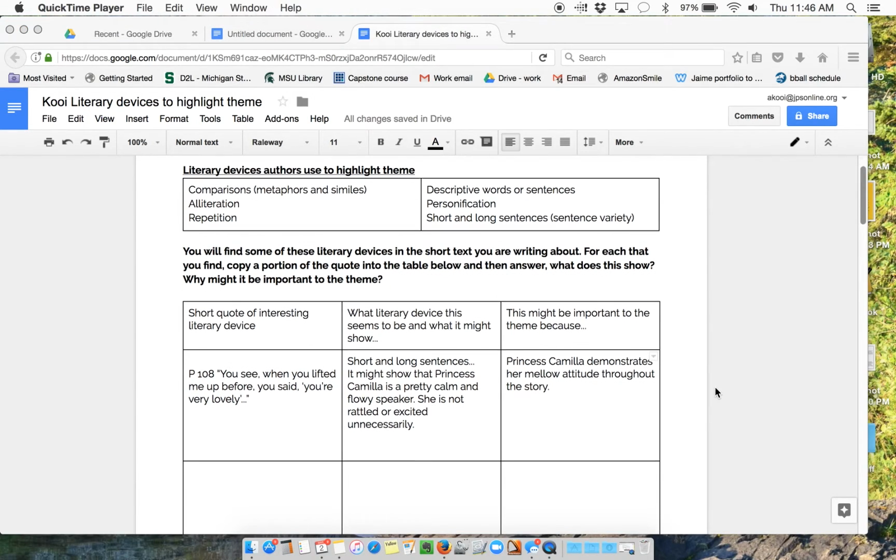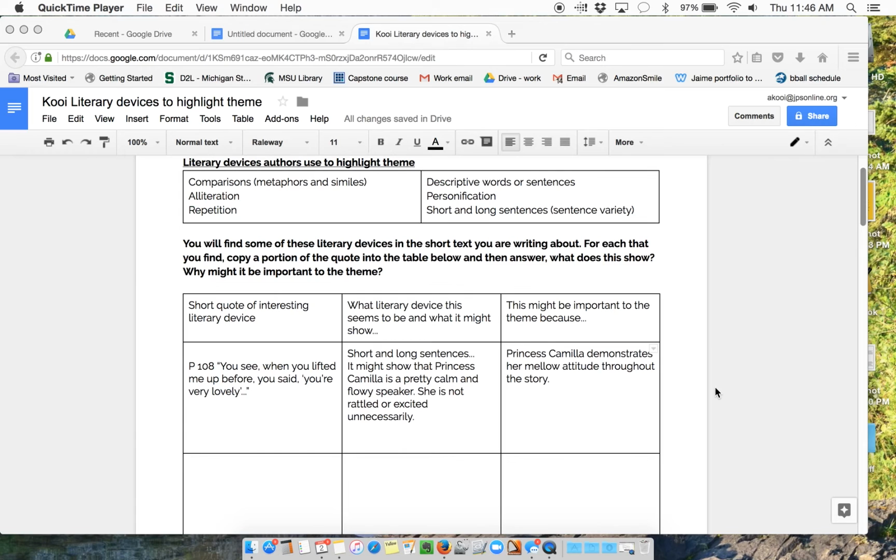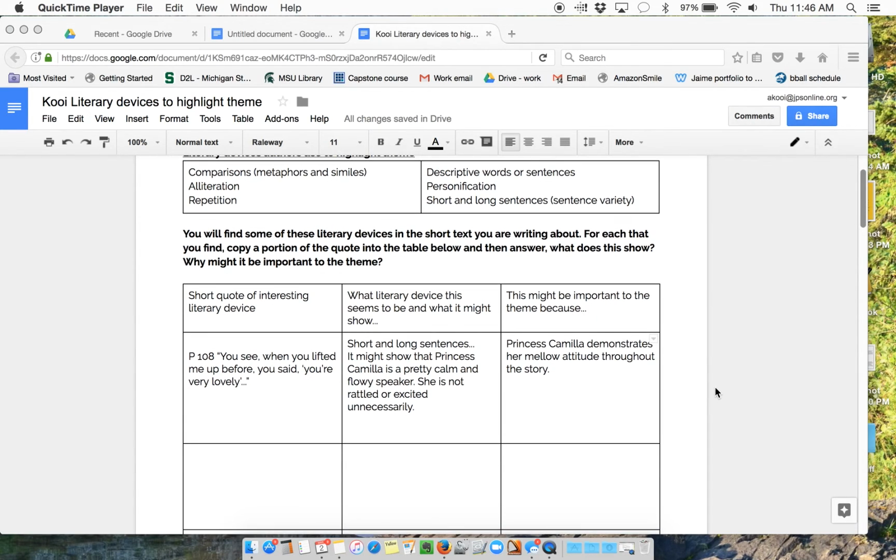A second literary device that I can think of that highlights the theme is when the Chancellor speaks. The Chancellor is somebody who speaks with very descriptive words and sentences, and it's really interesting because the way he talks is very choppy as well. So, for example, in one spot, he says, "Let me put it to you this way.